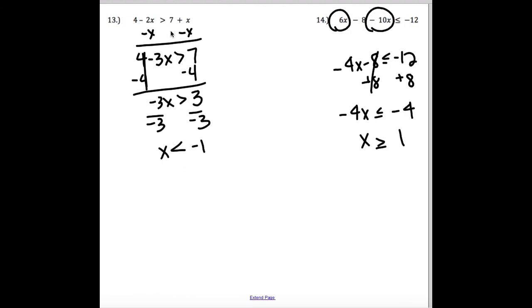You may have chosen to do this work in a different order, but you still should have ended up with x is less than negative 1. On 14, the first step is to combine like terms. 6 and negative 10 combine to be negative 4x. Once I combine like terms, I add 8 to both sides. And then on the last step, I divided both sides by negative 4. So again, I flipped the sign to have x is greater than 1.